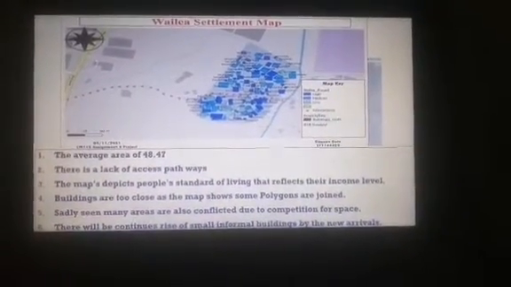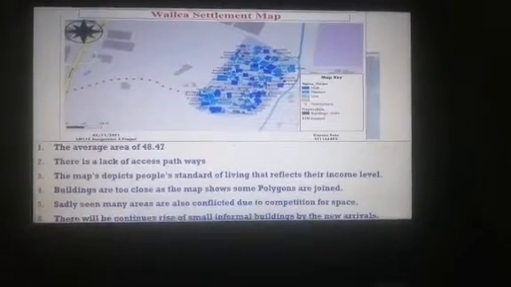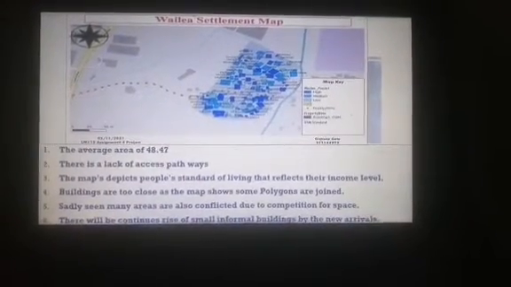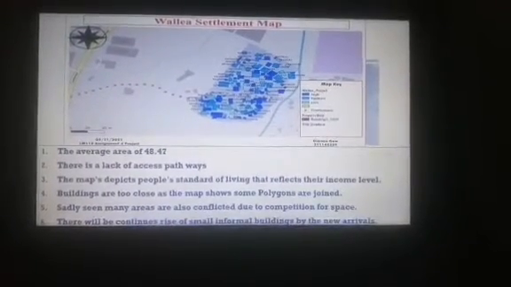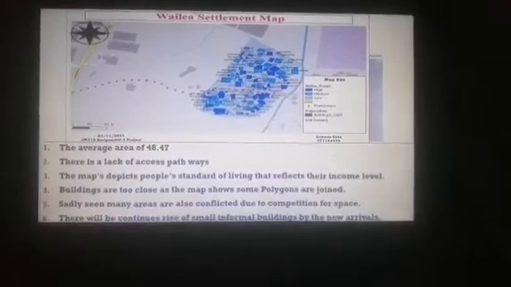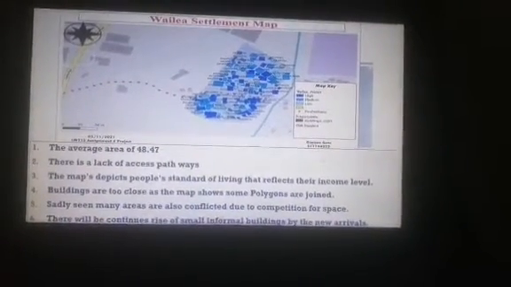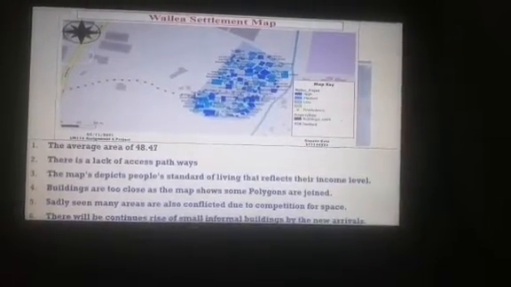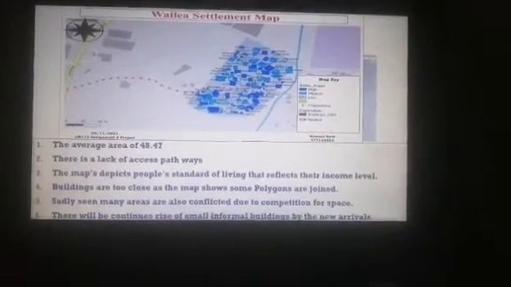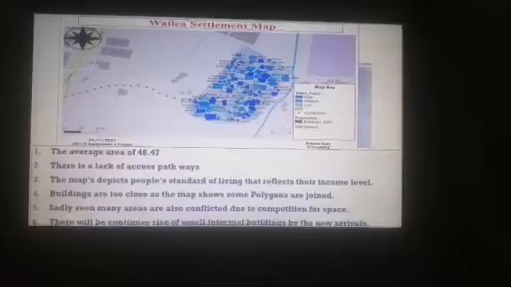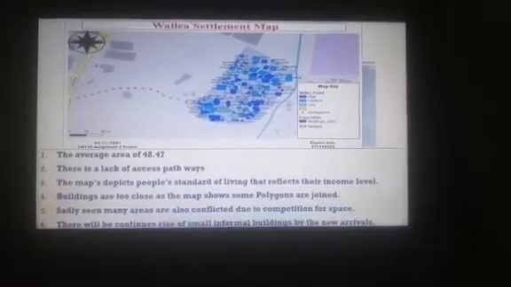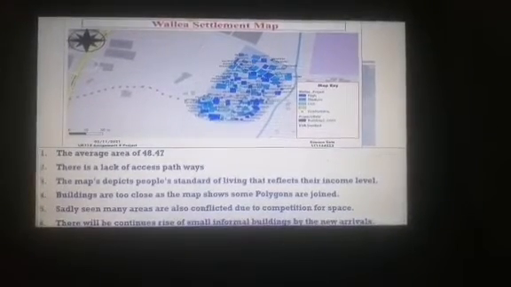For point 4, buildings are too close, as the map shows some polygons are joined. There is competition for space because of pull and push factors from urban and rural areas, which result in Wailea settlement being improperly planned, and thus it does not follow the urban planning scheme. Therefore, the map clearly shows how the polygons are closed.